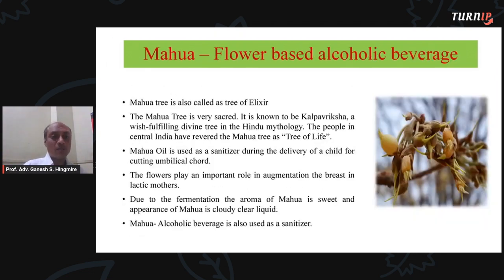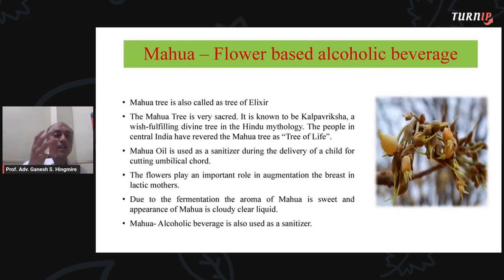Now, Mawa. Some of you definitely might have heard about the Mawa. This is another product I have worked on from Maharashtra, which is actually the border of Gujarat, in Nandurbar district. There are again unique features you will find for this Mawa. This is a flower-based alcoholic beverage, where Mawa is a tree naturally available in some tribal belts in Maharashtra and other states as well.